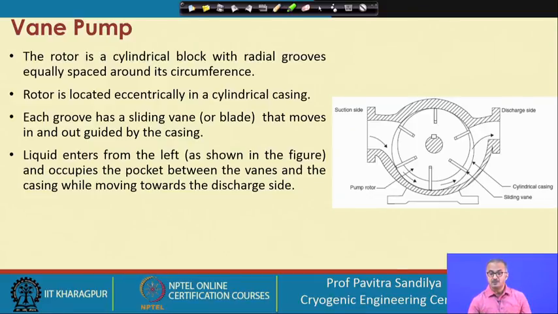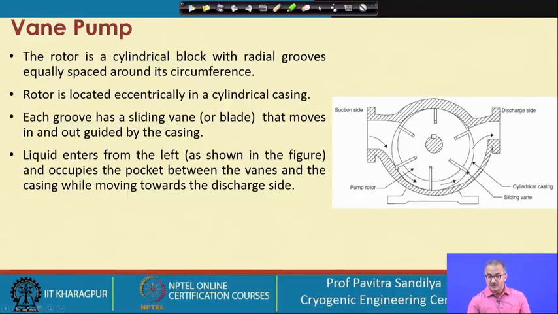When the vanes are away from the casing, they will be opening up, coming out, so they make way for the liquid to move inside the pump. But the vanes on this side get pushed in and move in, so no liquid can pass through this side; the liquid will pass only through this side.